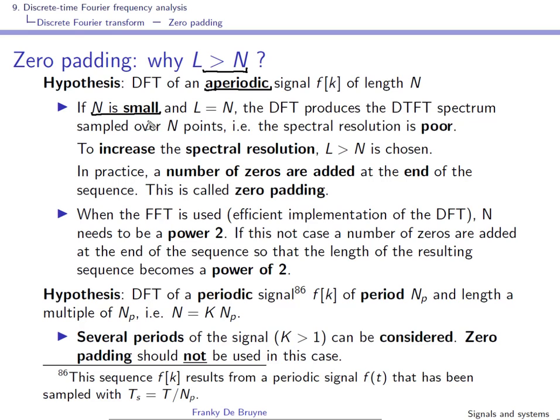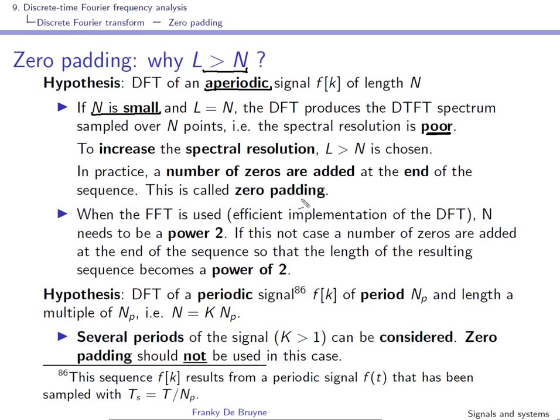So if you compute the DFT, you'll have a small number of points in your spectrum, so the spectral resolution will be poor. So what you can do is increase L to have a better spectral resolution, and as we have seen, you can do this by adding a number of zeros, L minus n zeros, at the end of the sequence. This is called zero padding.